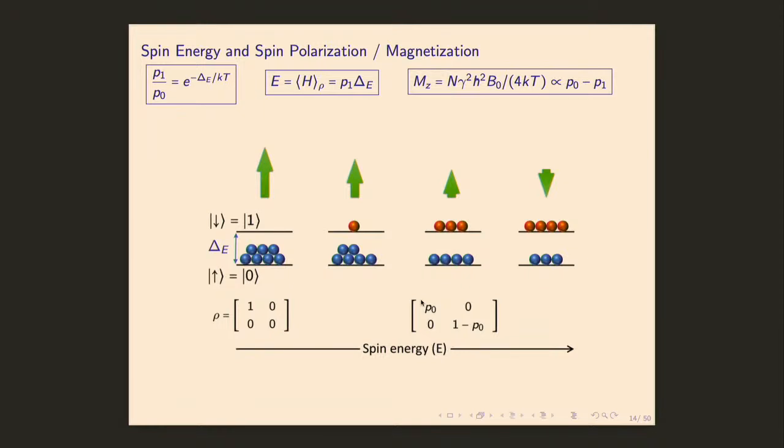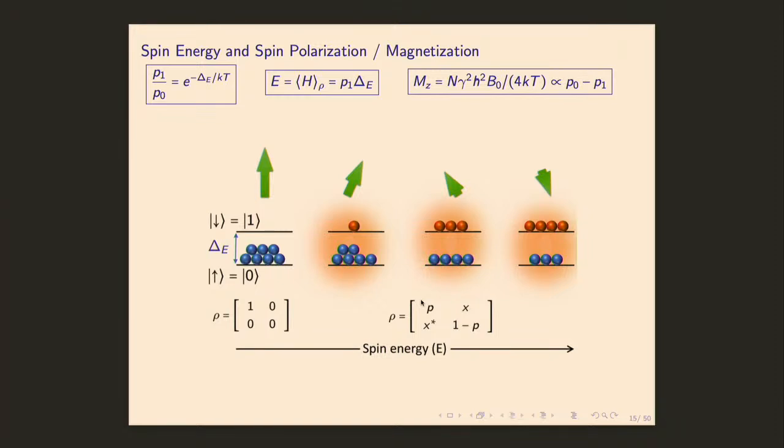The way we detect the population difference, or how much energy it is storing, is through the polarization. Every state here has a particular polarization, so just by looking at the polarization, we can tell the state of the battery. There is a very clear direct relationship between the polarization and the energy stored.